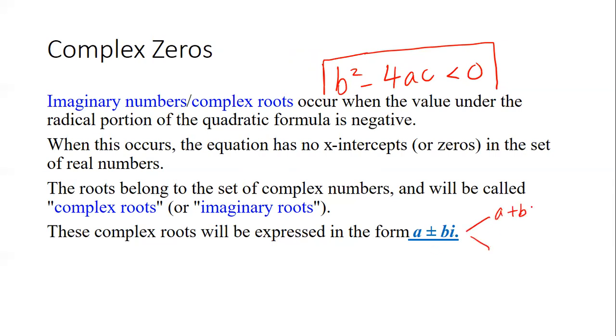You have a plus bi and you have a minus bi. Okay, so you shouldn't have much to write. Just fill in the blanks. Still with me? Questions, comments, or concerns about the definition or usage of complex zeros?